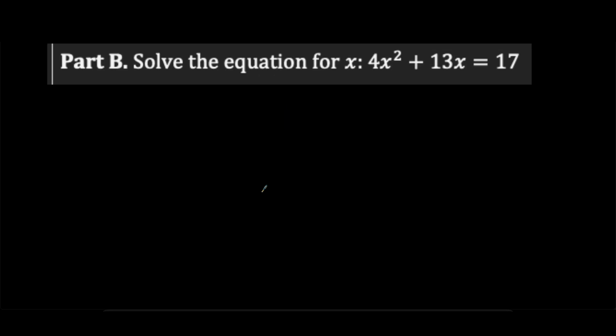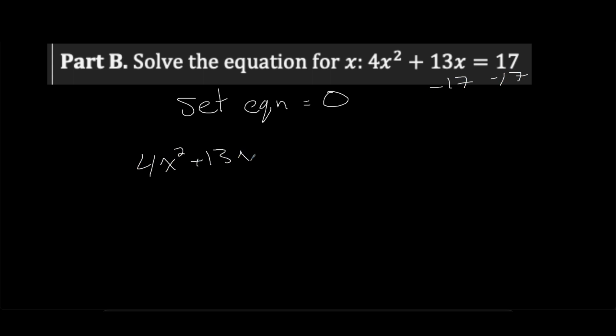For part B, to solve the equation for x. And so what I can do is, first I'm going to set the equation equal to 0. And so what I'm going to do is I'm going to subtract 17 from both sides. So I have 4x squared plus 13x minus 17 equals 0.